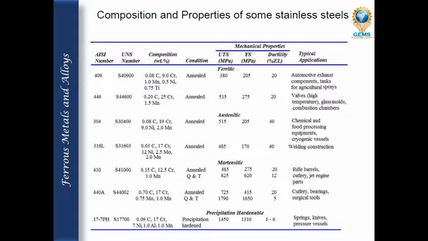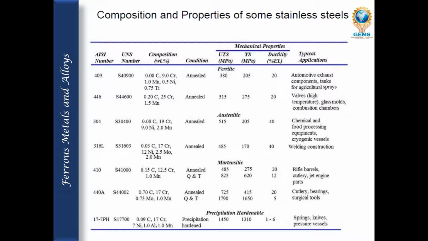When the carbon content increases, ductility decreases, and there is 25% chromium. When chromium increases, rusting will not occur, because chromium gives corrosion resistance.